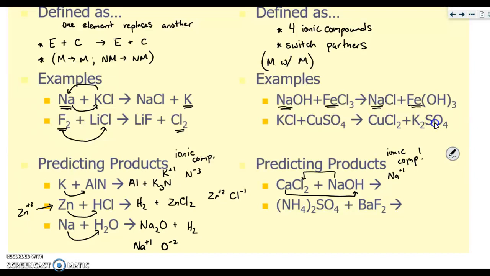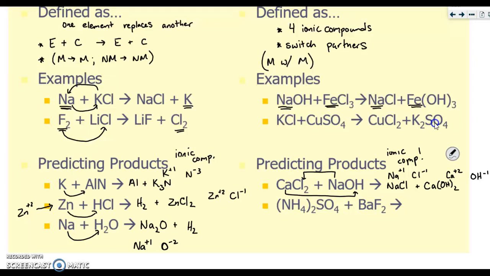So sodium is +1, Cl is -1, so we get NaCl. Calcium, on the other hand, is +2. OH from our polyatomic handout is -1. So we'll cross our charges to find that this is Ca(OH)2. So you're switching partners.